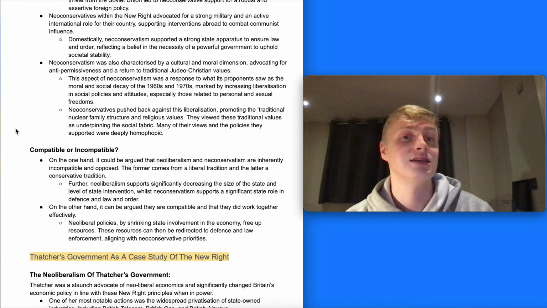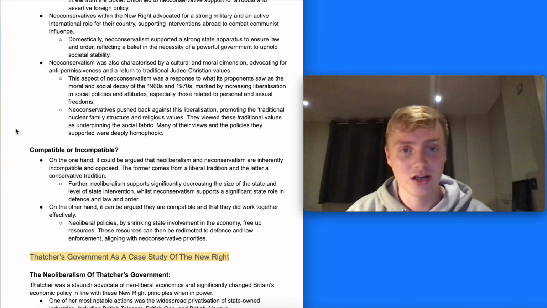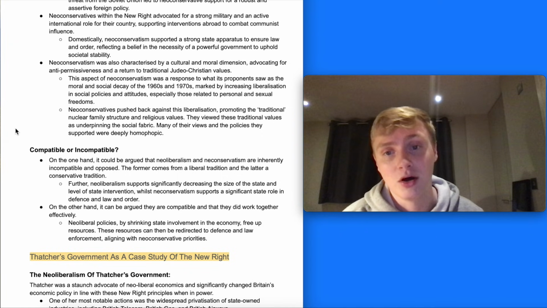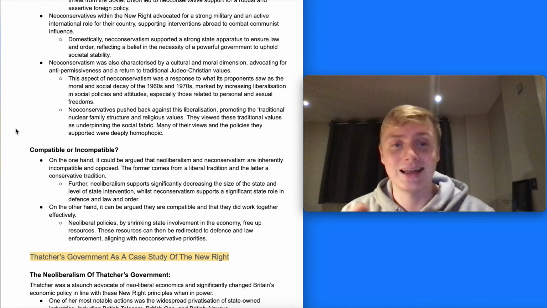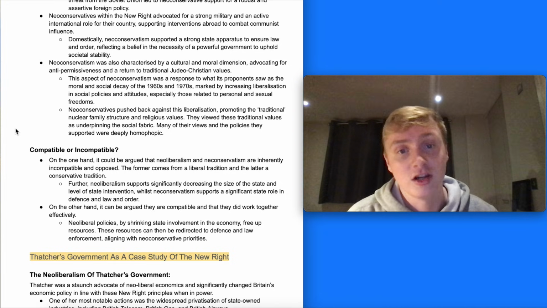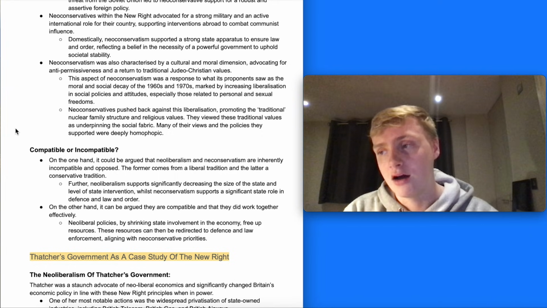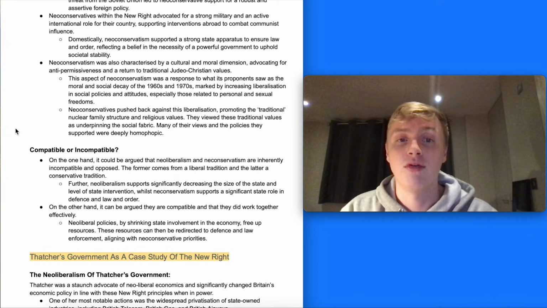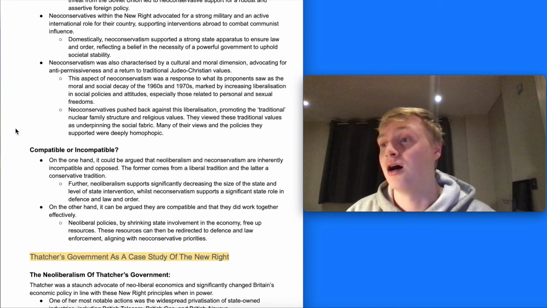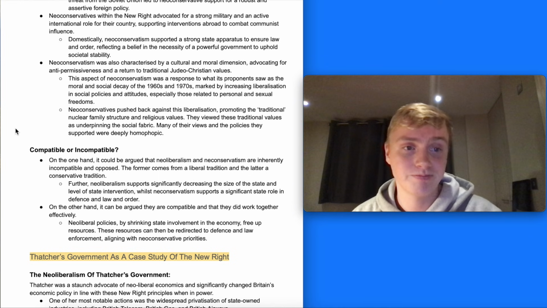They saw in the 60s and 70s what they described as moral and social decay, so increasing liberalisation in social policies and attitudes, especially those related to personal and sexual freedoms, and they pushed back against this liberalisation, promoting the traditional nuclear family structure and religious values, which they see as key to underpinning hierarchy, stability in society, and the social fabric. Ultimately, a lot of these views were very homophobic, very racist as well, and that should be recognised.